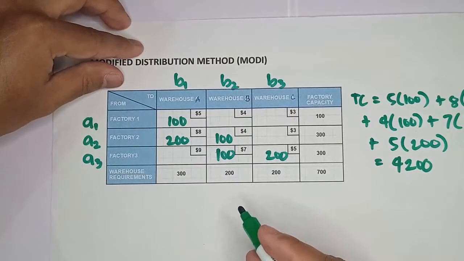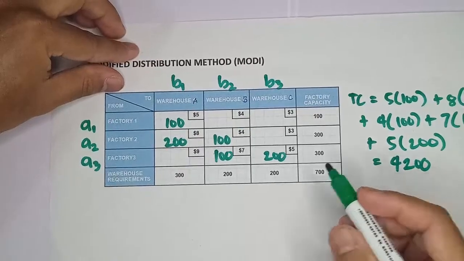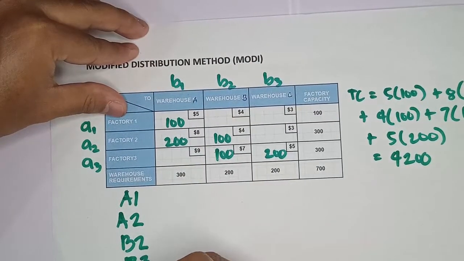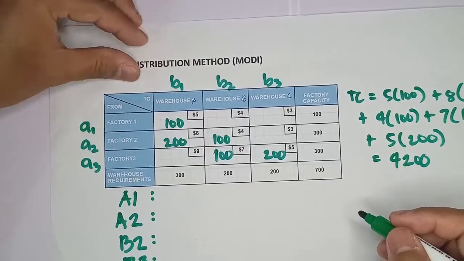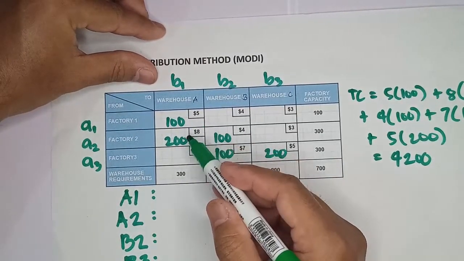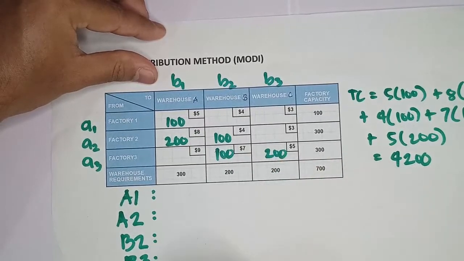Now, let's identify the used cells. The used cells are A1, A2, B2, B3, and C3.